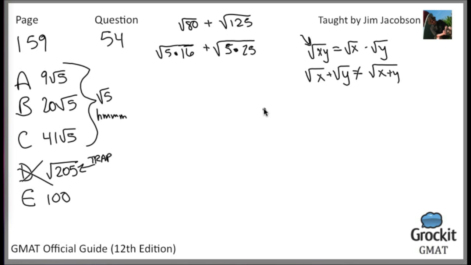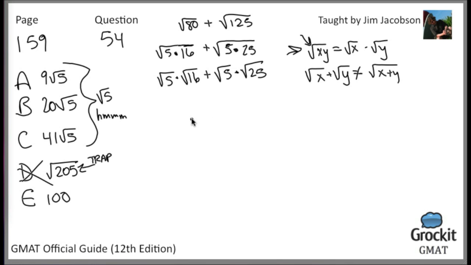So this is the same thing as the square root of 5 times the square root of 16 plus the square root of 5 times the square root of 25. So we're using this rule here to unpack these two bits.